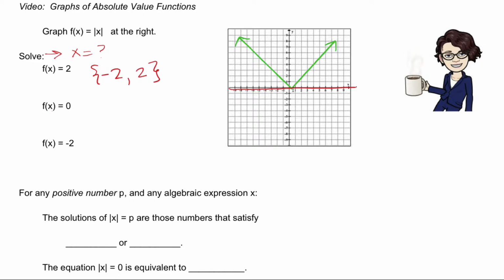And the only point that has an output of 0 is when the input is also 0, which makes sense. We're saying when x is 0, f of 0 does equal 0. That checks. Okay, so let's get rid of that line.